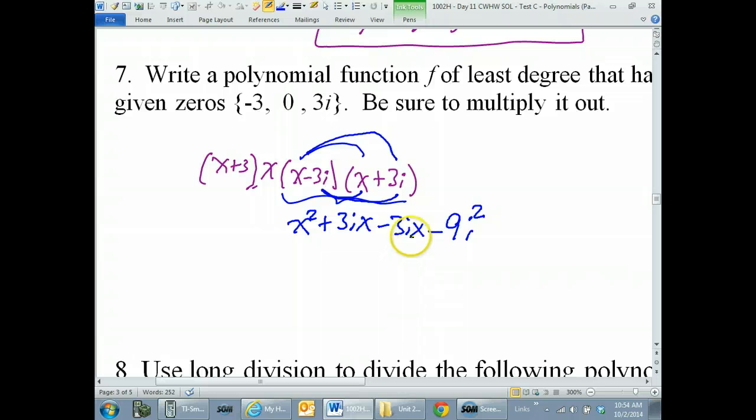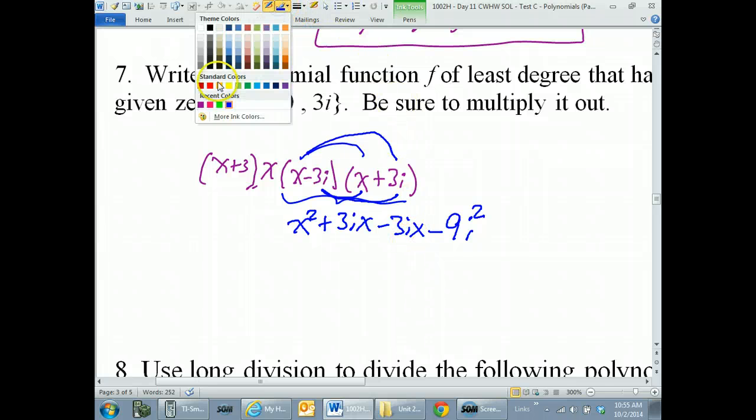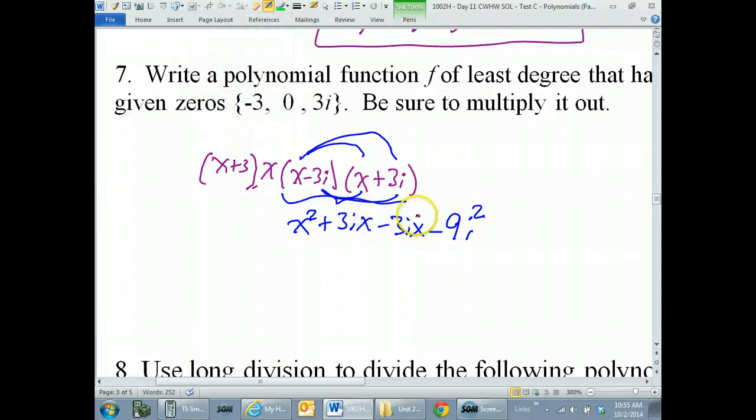So a couple things are going to happen on the next step. What's going to happen with the 3ix and the negative 3ix? They cancel out. So let's get that done. Okay, so these are gone. Now, what have we learned about i squared, you guys? Yeah, we learned that i squared equals negative 1.